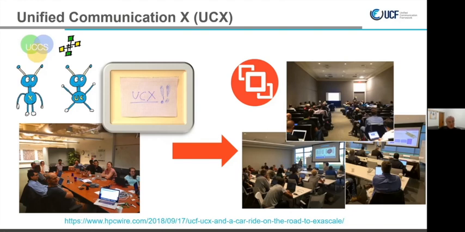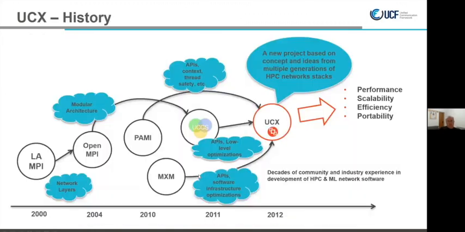We thought about the possibility that instead of creating something to unify multiple frameworks, we'd just create another one, but we tried not to do that and actually replace multiple frameworks with one. So that's the early days of UCX. Next slide, please, Oscar.